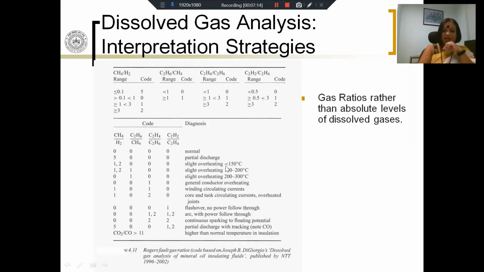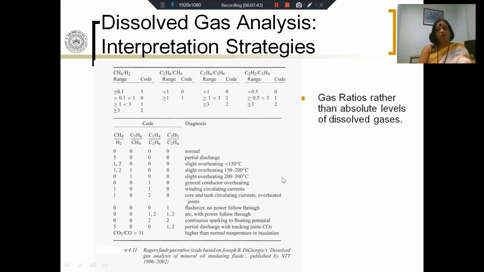Partial discharge, slight overheating less than 150, overheating up to 200, overheating up to 300, general conductor overheating, winding circulating currents, core and tank circulating currents, flashover, arc, continuous sparking, partial discharge with tracking. When there is oil and there is insulation, there is a large likelihood of tracking happening on the surface, and higher than normal temperature in insulation.